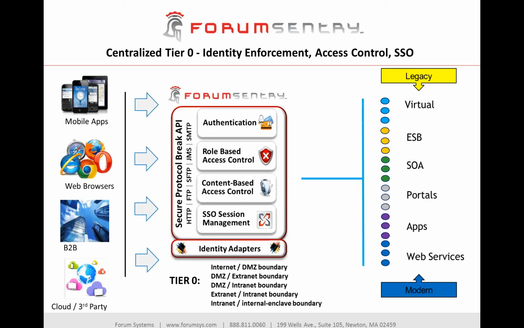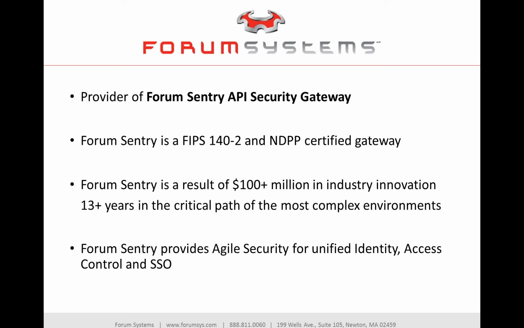This is the fundamental aspect of simplification of identity, access control and SSO. This gets us out of the legacy realm of the agent-based architecture approach to the new realm of centralized gateway identity approach. And that's the focus of what we are looking to showcase today.